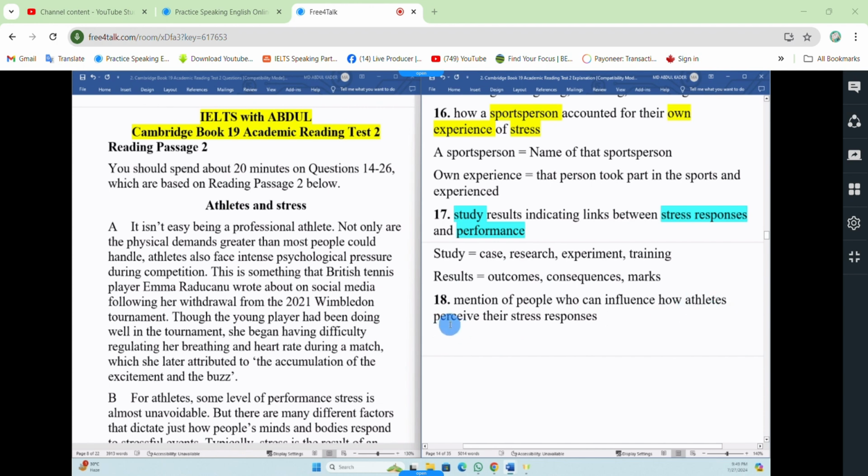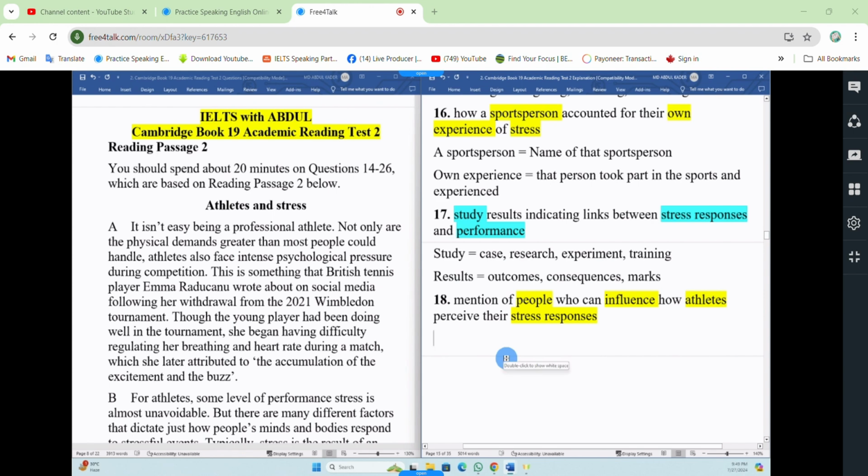Mention of people means there are some names of people who can influence how athletes perceive or deal with their stress responses. So the main keyword is people, the second keyword is influence, the third keyword is athletes, and the last keyword is stress responses. So these are our keywords.